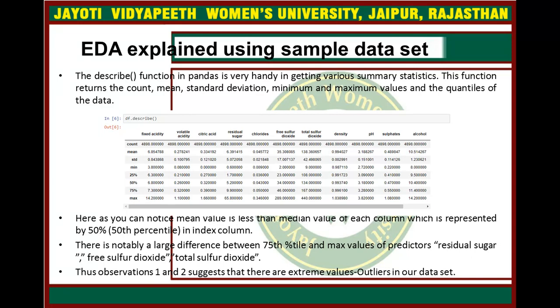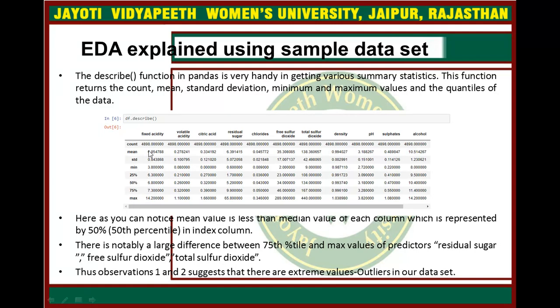Basically this function returns the count, mean, standard deviation, minimum, maximum values and the quantiles of the data. Now you can see here, this is the df dot describe function: count, mean, standard deviation, minimum, maximum, and the percentiles.